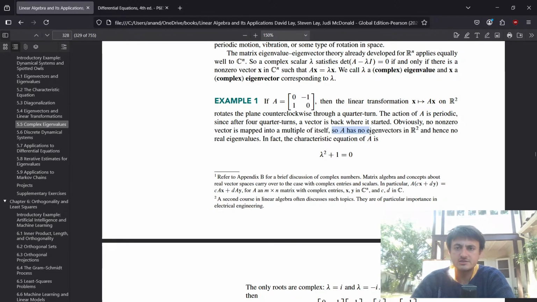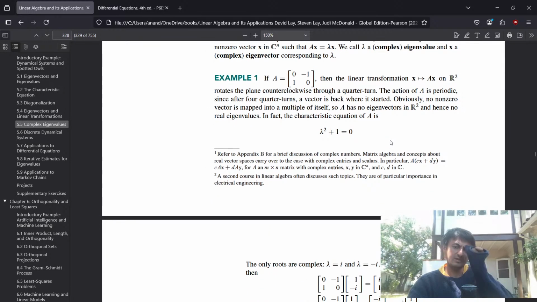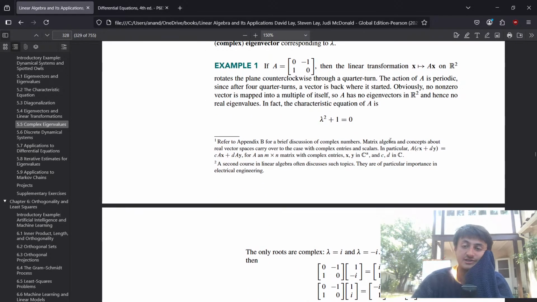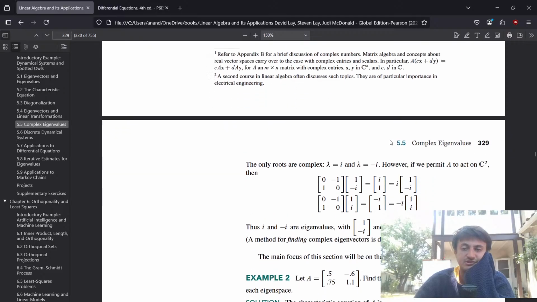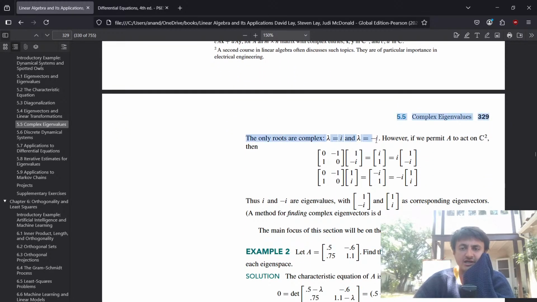So A has no eigenvectors in R2, and hence no real eigenvalues. The characteristic equation is lambda squared plus 1 equals 0. The only roots are i and minus i.